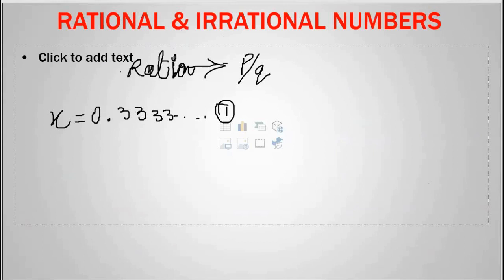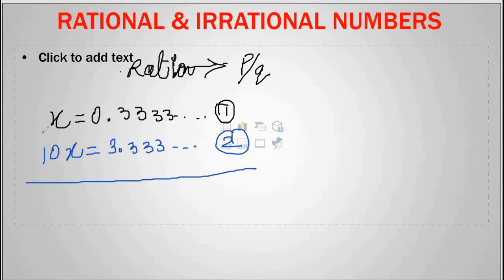Now, how to convert this into p by q form? I'll just multiply the first equation with 10. So we'll get 10x, that is nothing but 3.33 dot dot dot. Now I'll subtract the first equation from the second. So if you subtract, you'll get 9x equal to 3, as the decimal part will cancel out. So basically x is 3 by 9 or 1 by 3.